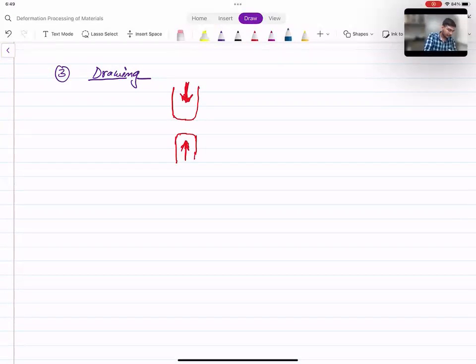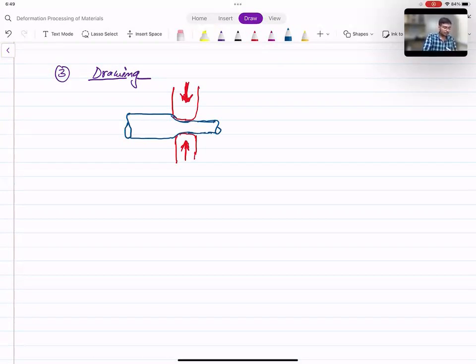And suppose this is my workpiece, and from here it gets reduced in cross section. So this particular type of operation is known as drawing. Here the material is getting reduced in cross section.